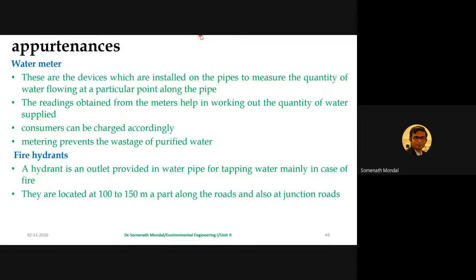Now it should be economically viable, and at the same time the error in the water meter should not be greater than 20%. Otherwise you will end up charging more or charging less, so in any way it is not beneficial for the beneficiaries associated with the water supply scheme.